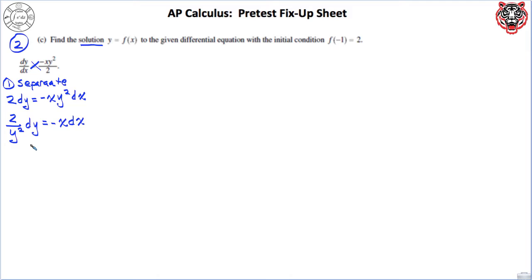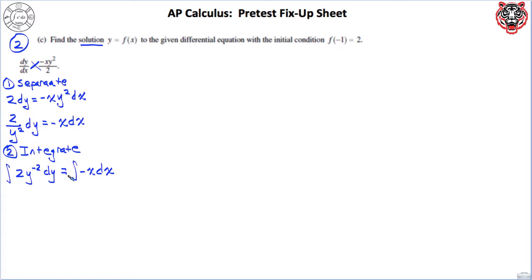All right, so from here I need to do step 2, which is to integrate. And when I integrate, I don't like fractions, so I anti-quotient. I bring the denominator up, and I get a 2y to the negative 2 dy. And this is going to equal the integral of negative x dx.